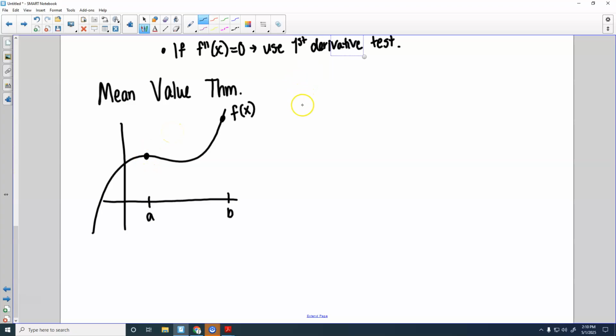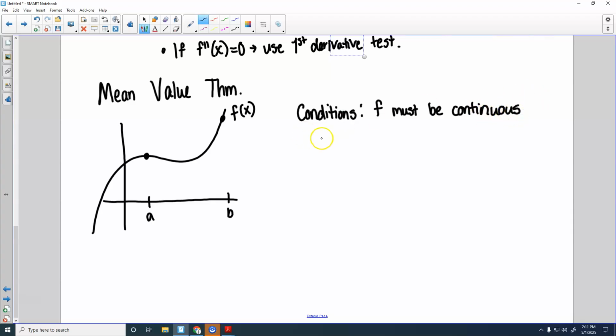So what are your conditions for the mean value theorem? f must be continuous.